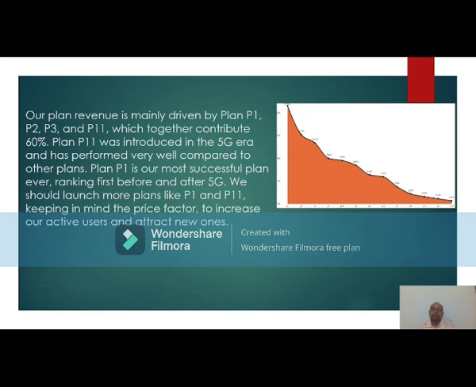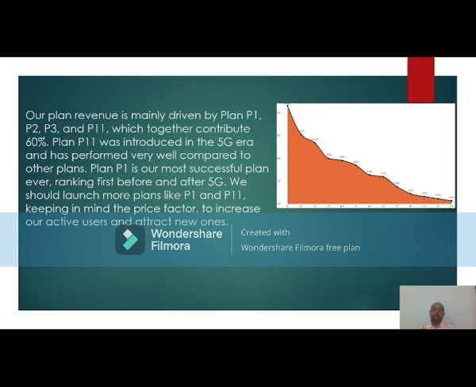Also, we can see plans P1, P2, P3, P4, P11 and P12. These are the top plans which are able to generate a higher amount of revenue for AtliqO. P1 plan was on the top of the list prior to the launch of 5G, and it is still the highest subscribed plan for AtliqO customers.